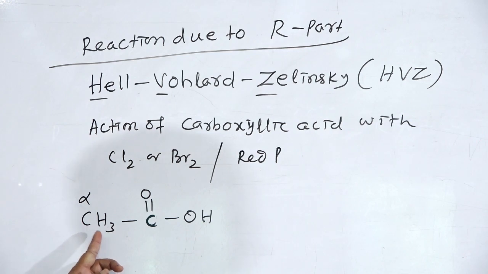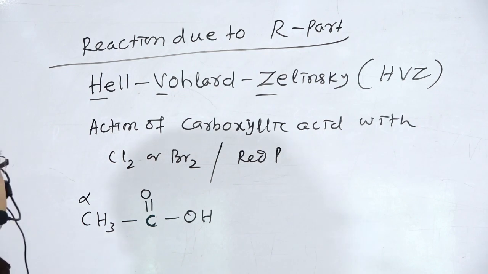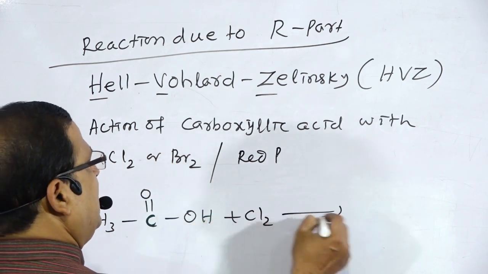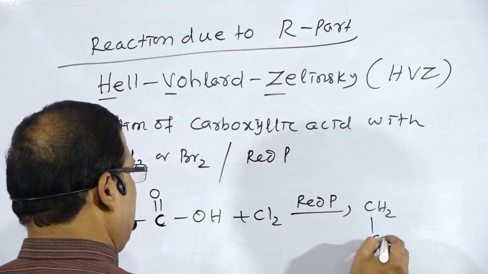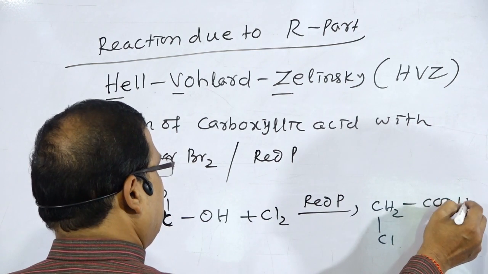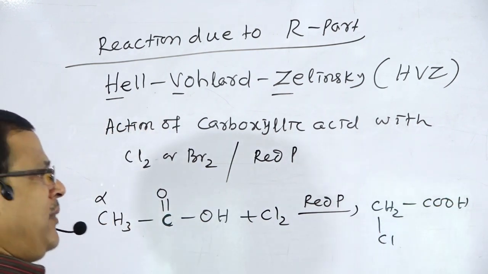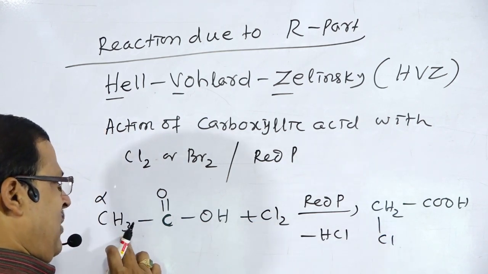This alpha carbon atom contains 3 alpha hydrogen atoms. These alpha hydrogen atoms are replaced by chlorine or bromine, and that reaction is known as the HVZ reaction. For example, with Cl2 and red phosphorus, the product will be CH2ClCOOH, monochloroacetic acid, minus HCl, that is the alpha hydrogen atom.